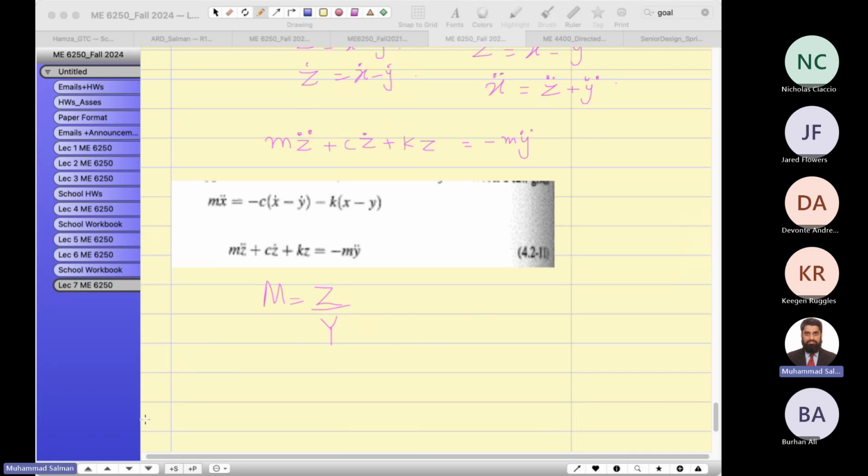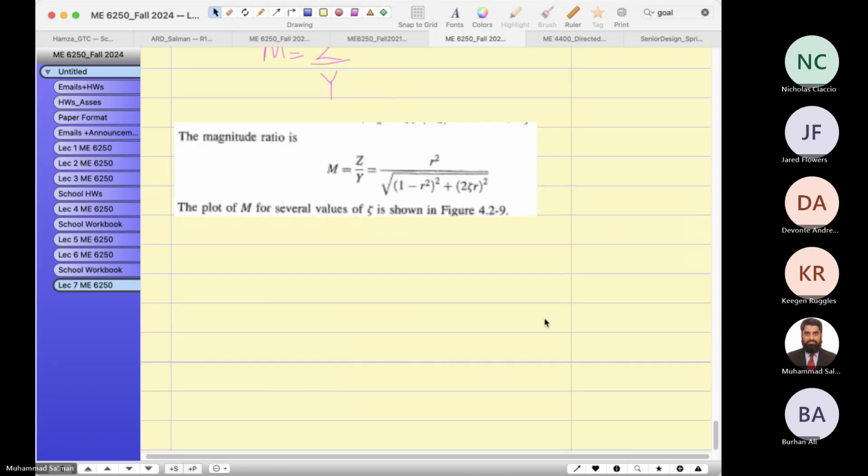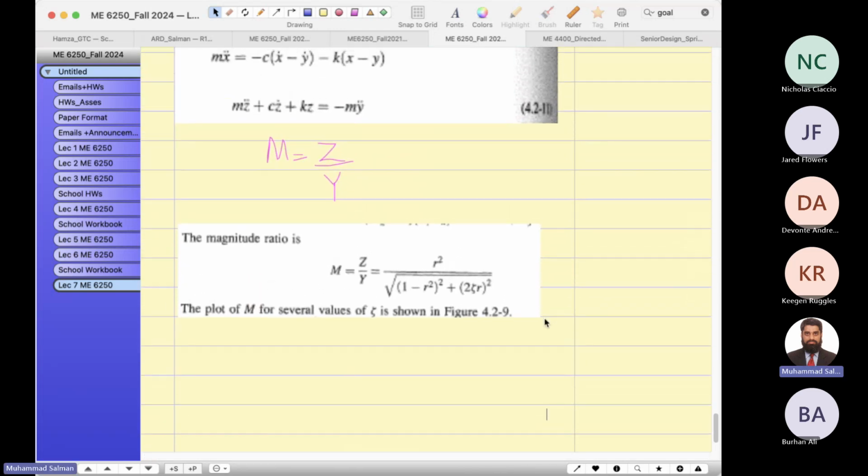So I can write down the magnitude ratio. This is how you will write down the magnitude ratio with different values of zeta. So let me show you the response.